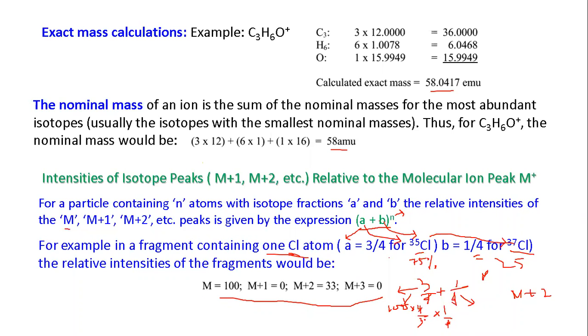So you are getting 100 by 3, that is 33. So 33 will be M plus 2, and M will be 100. There is no M plus 3 because you have only one chlorine atom.